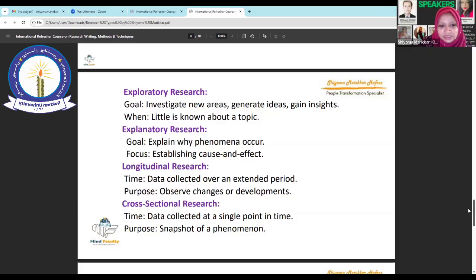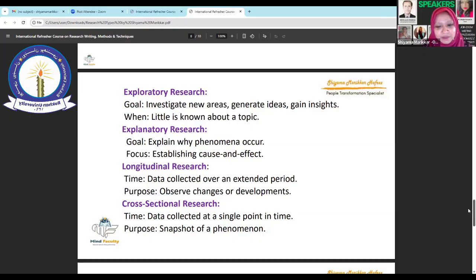And the next one is longitudinal research. This is also experimental, but it takes time. Because of its time, we have called it longitudinal. So data is collected over an extended period of time. This type of research is mostly used in the medical field, because they have to do the investigation repeatedly over a period of time and test to introduce a new drug, new medication, or a new vaccination, right?